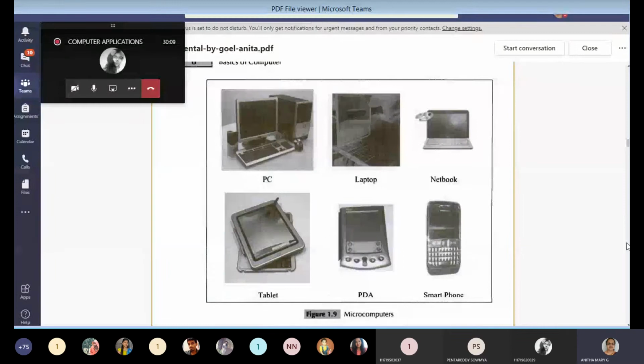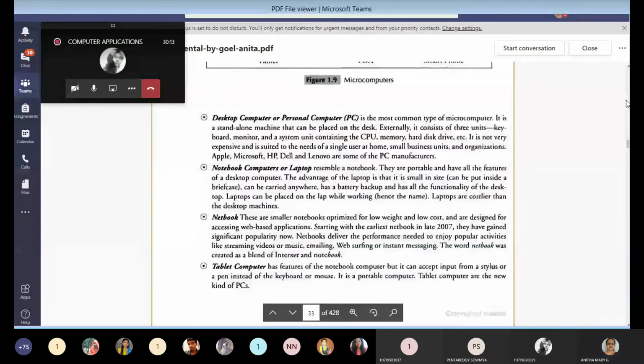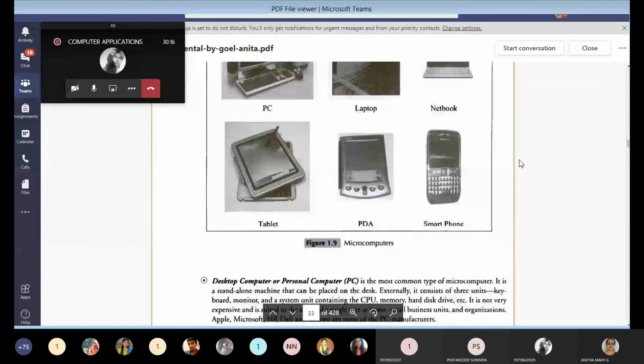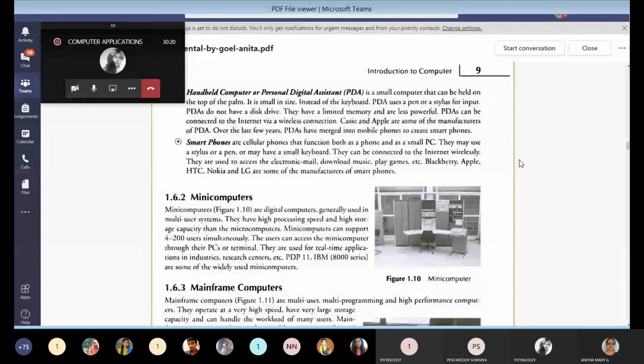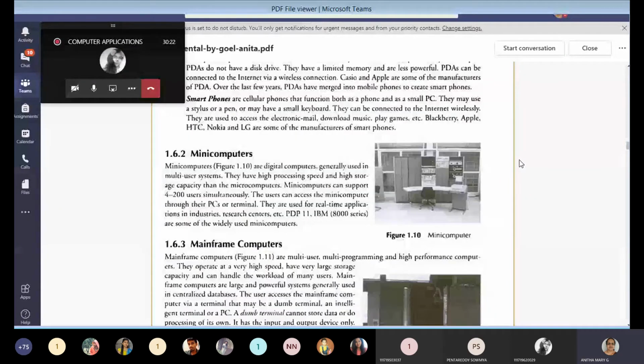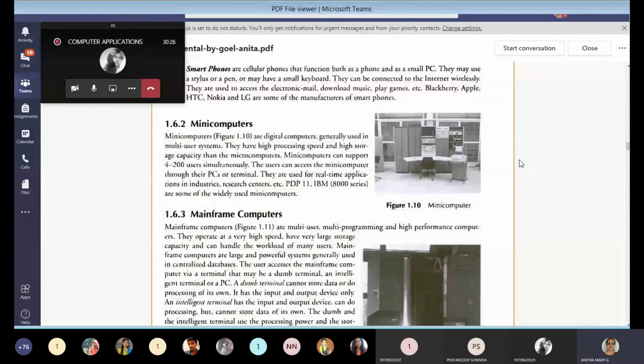So when we move on to the second one, mini computers. As I told you, computer types are divided into four. The first one is micro, and the second one is mini. Okay, so now we are talking about the mini computers.